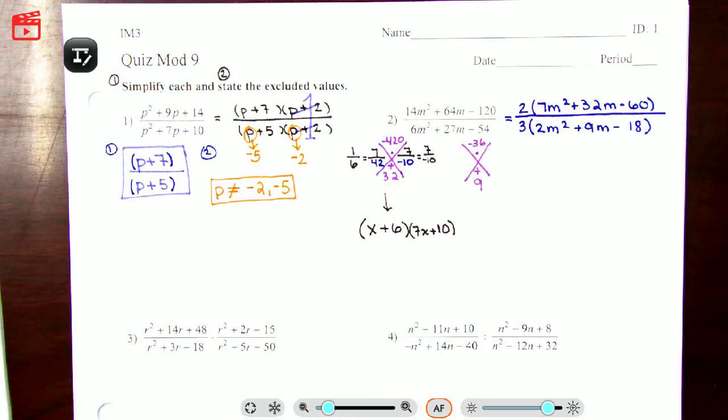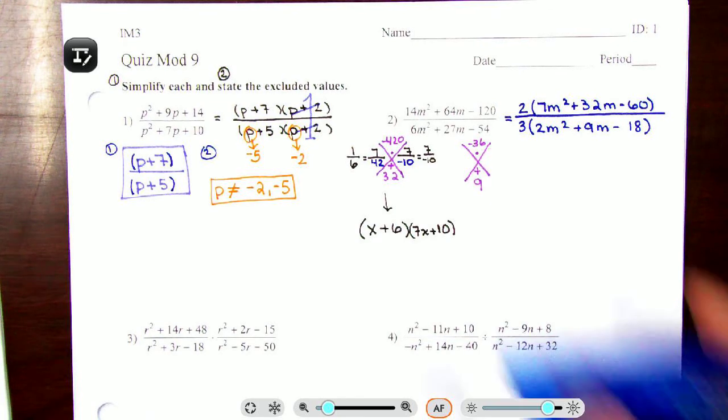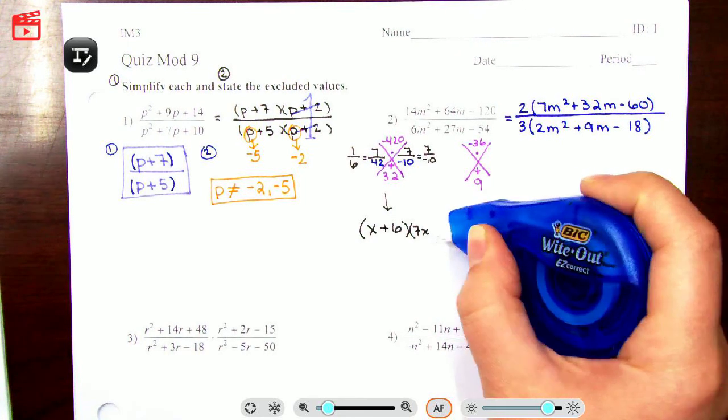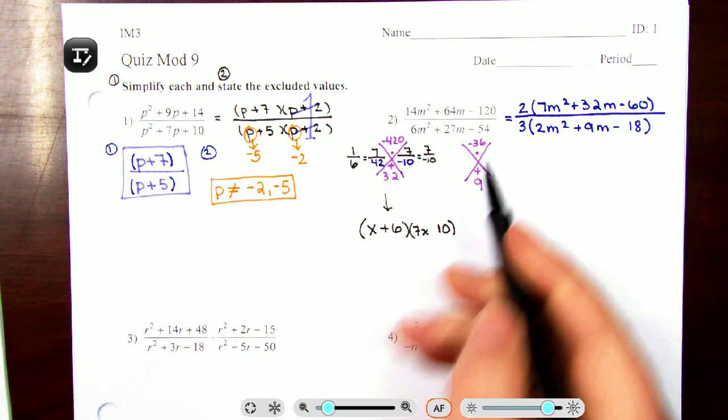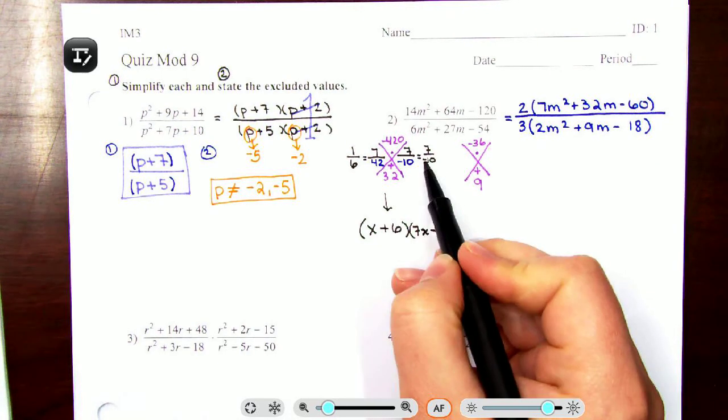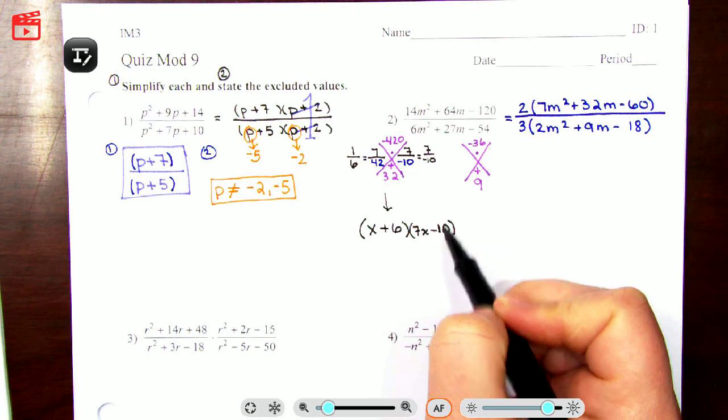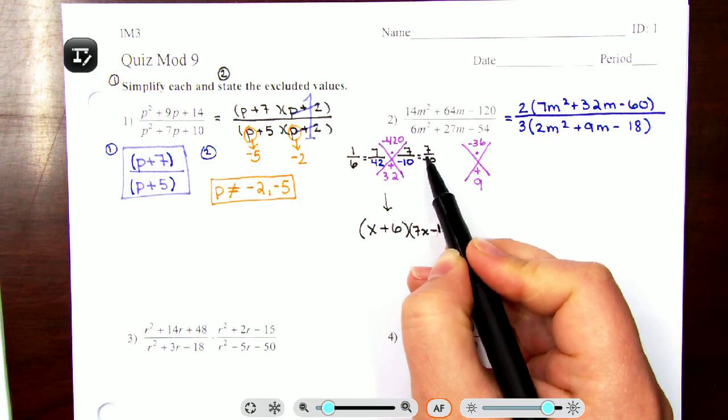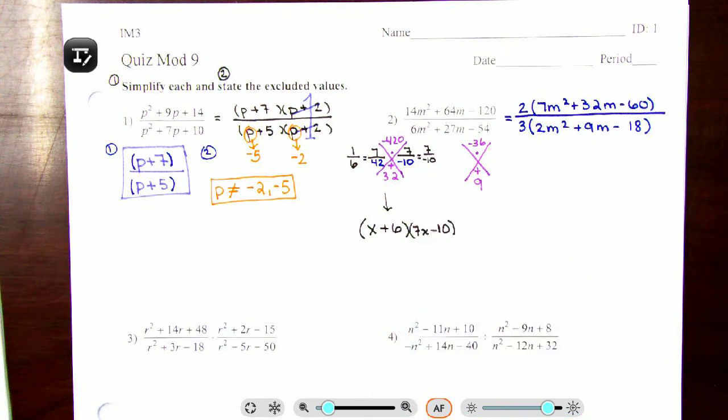And I just realized that that should be a negative, not a positive. So let's quickly change that. So that should be a minus. That's why I'm not moving where the negative is, because if I move up the negative to the -7, it wouldn't give me what I need. Okay, so that is my numerator.